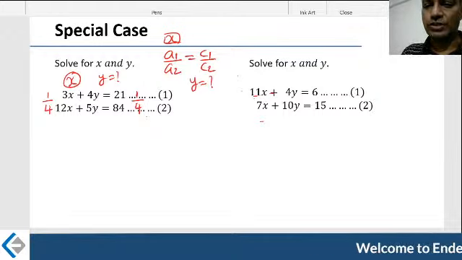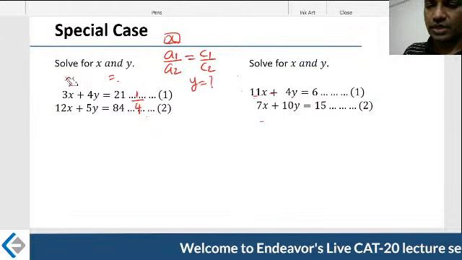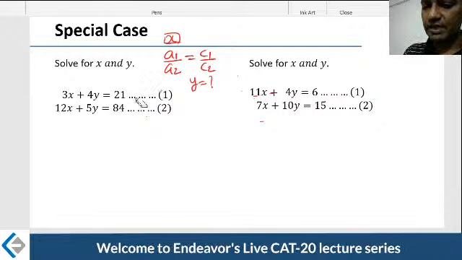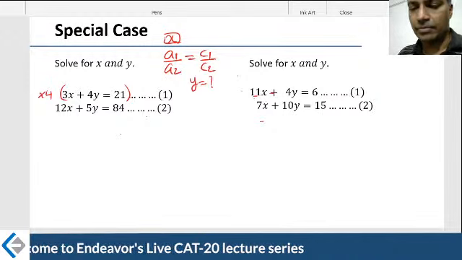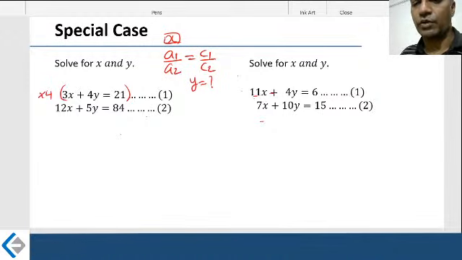So all you got to do is go back to the equation. Here we understood that the ratio of the coefficient of x is matching the ratio of the constant terms. So all you got to do is equate them. Multiply the first equation by 4, and you will understand what happens.